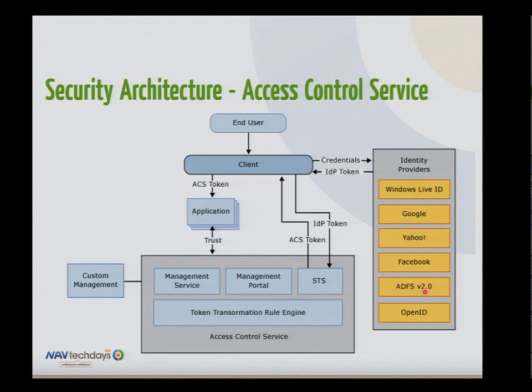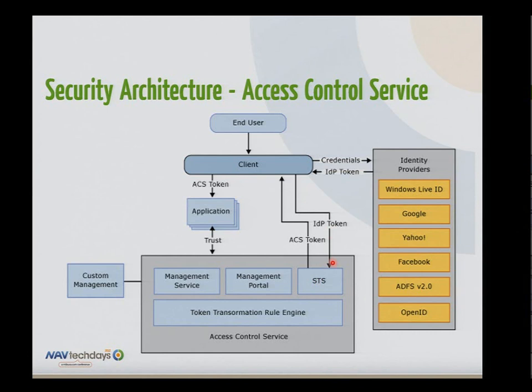And then we have the remote Active Directory, where you can provide or configure any identity provider that supports OpenID. OpenID is supported by Google and Yahoo in this case. Then the credentials are sent to the ACS, Access Control Service, which has an STS. STS stands for Security Token Service.